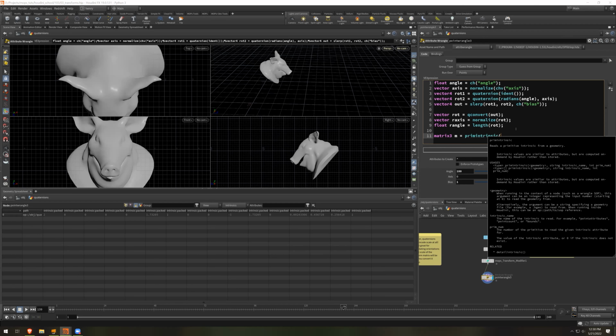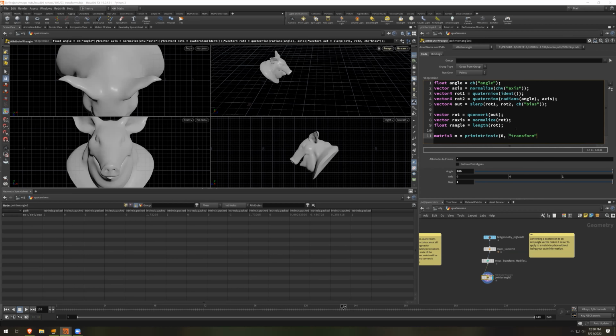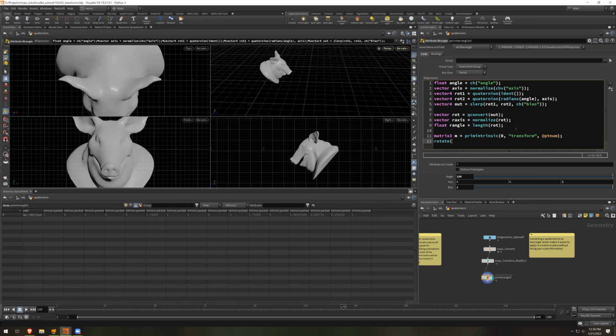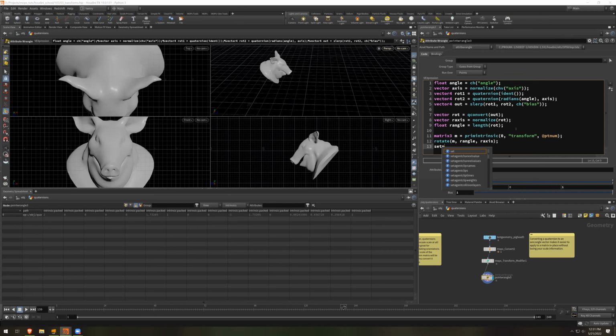I'm going to grab the transform intrinsic from the current point number, and then use rotate to rotate that matrix by angle and axis, these values that we pulled out of that quaternion using qConvert. Then just use setprimintrinsic to set these values right back. So I'm going to set the transform intrinsic of the current point number to this new matrix M that I've just output.